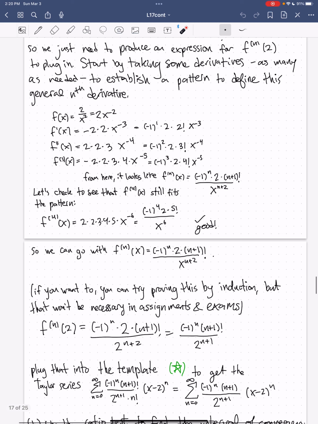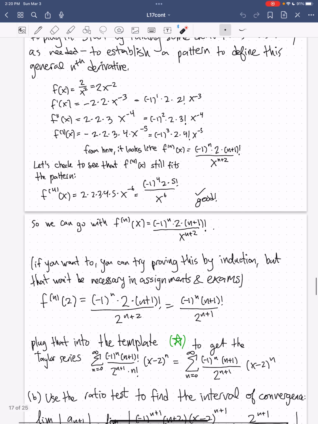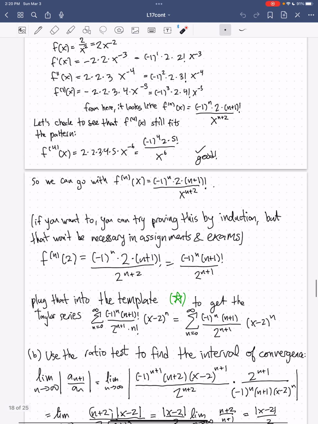So now that we have our nice formula for the general nth derivative of our function at x, we plug in 2 because our series is supposed to be centered at 2, and that derivative that we get is this. Plugging in 2 for x on the bottom, that cancels out with the 2 on top, one of them, so you just have negative 1 to the n times n plus 1 factorial over 2 to the n plus 1.